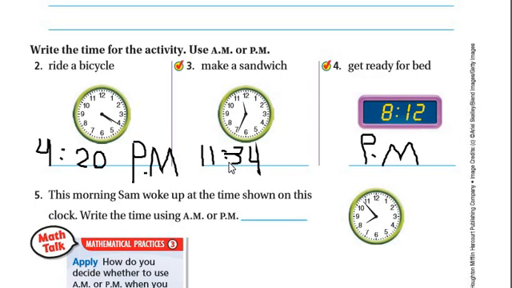But it will not be PM. Of course, it will be morning, because this is not exactly 12 noon. It's before noon, so it will be AM.